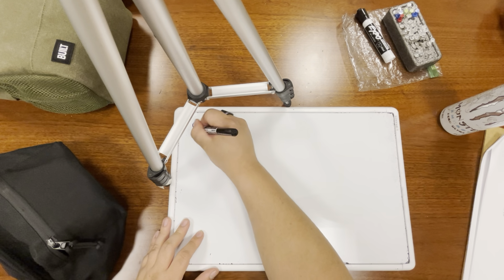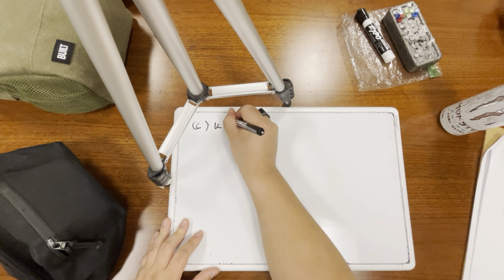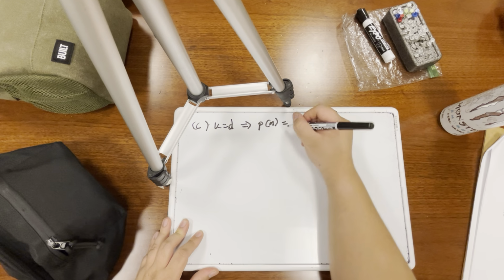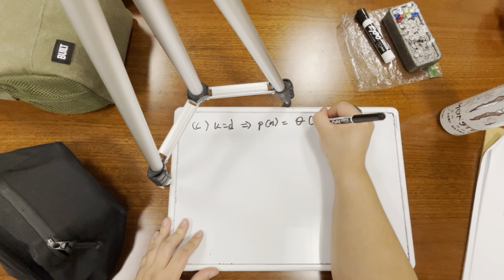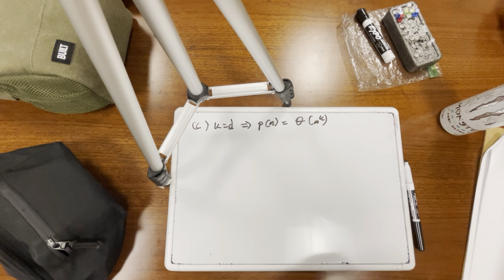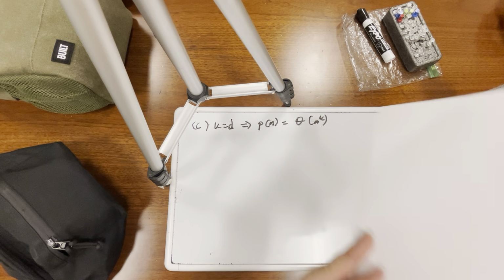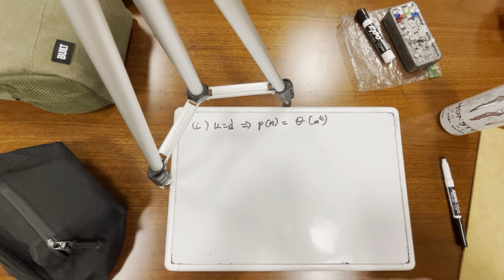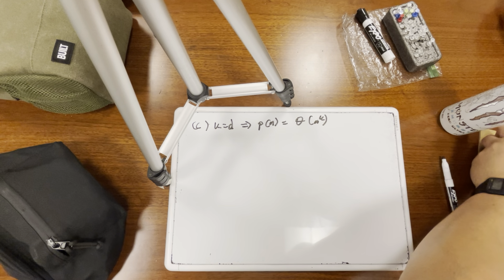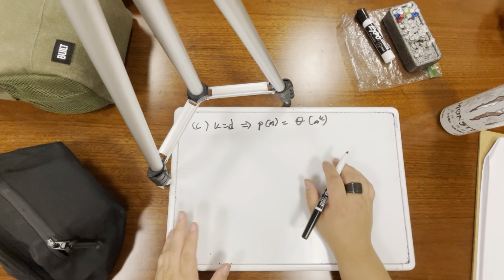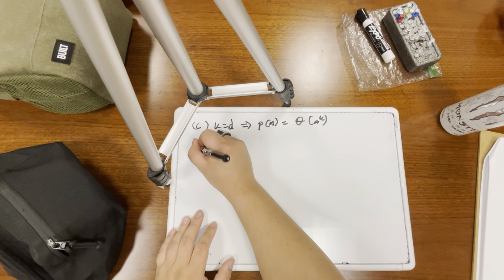For C, we want to show k equal to d implies P of n is equal to theta of n to the k. So what have we done with theta? What is theta basically?